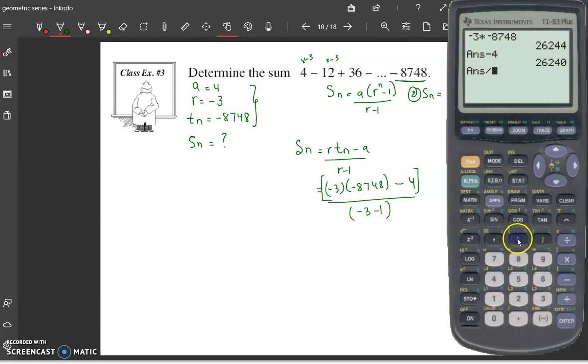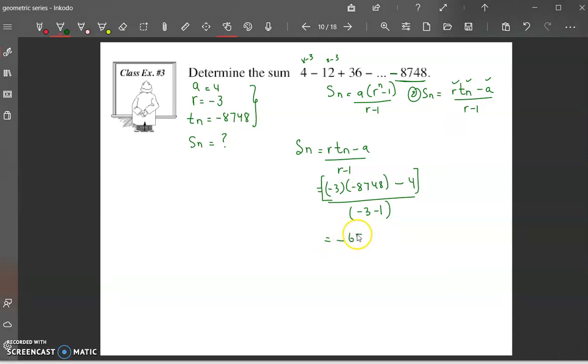Or you can use brackets to put -3 minus 1. If you can do that in your head and just say that's -4, that's even better. So that should give us our final answer to be -6560. And that's the sum of all the terms in here, even though we don't know how many terms there really are.